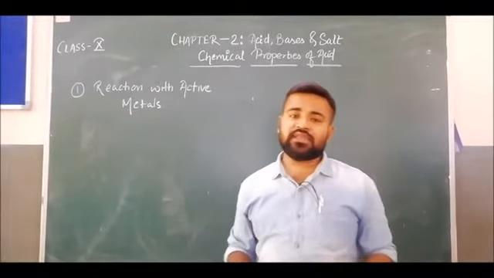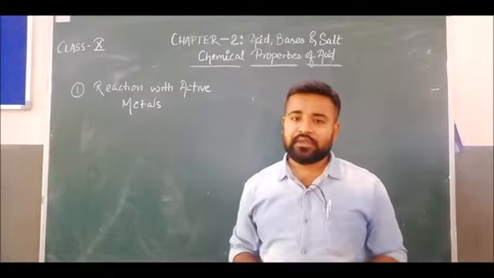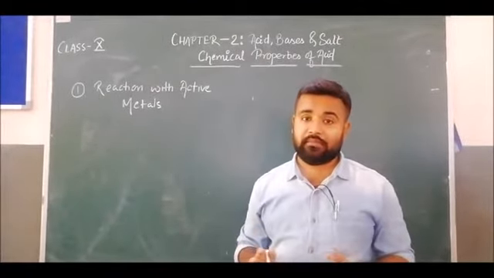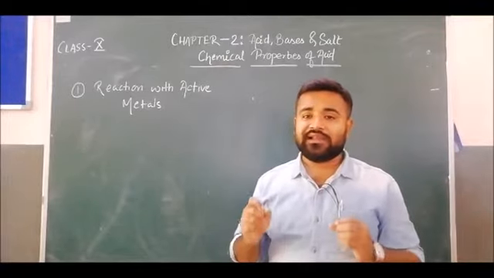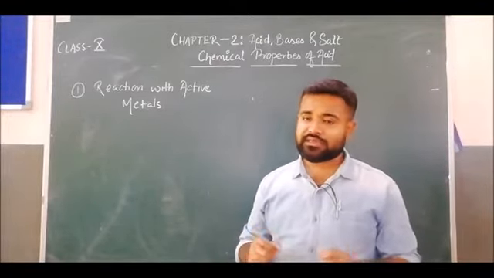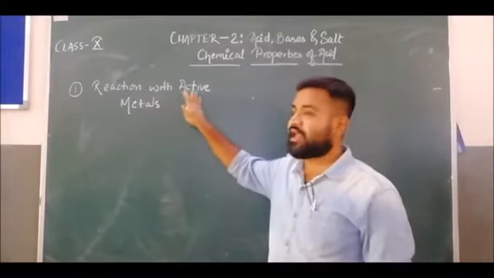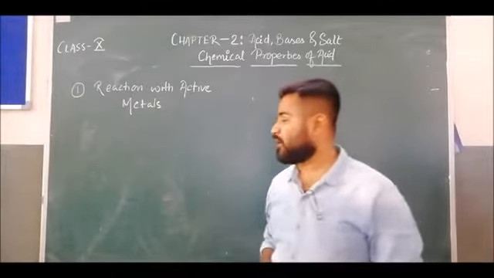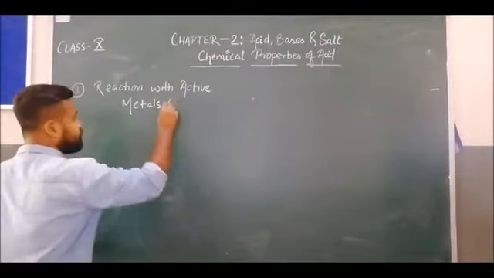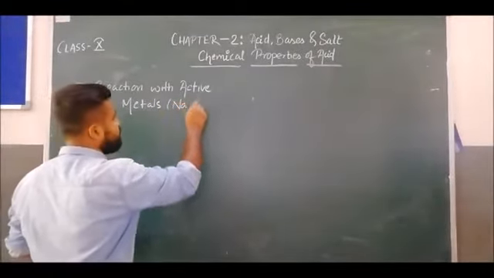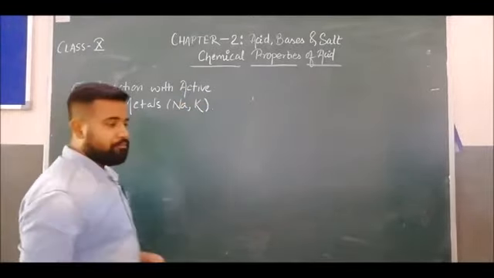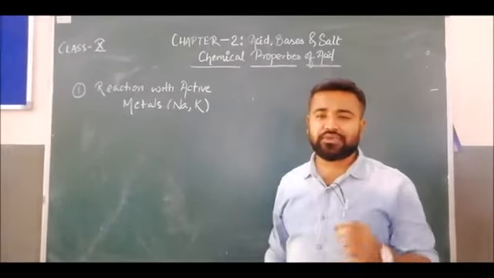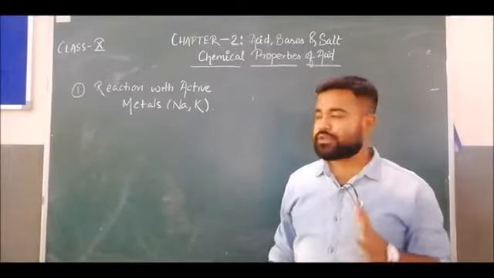Some of the elements are highly reactive, some are moderately reactive, and some metals are least reactive. I am talking about active metals, meaning the most reactive metals, for example sodium and potassium. These are highly reactive metals, sodium and potassium.